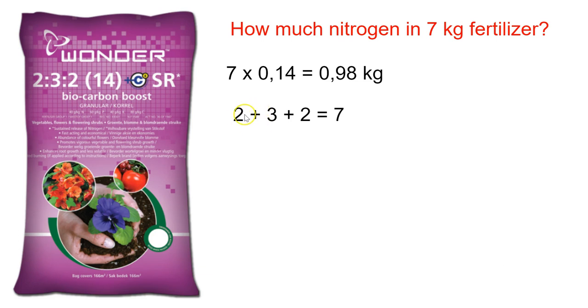So 2 out of 7 parts of 0.98 kilograms is going to be the amount of nitrogen in the fertilizer. So 2 over 7 times 0.98 will give me 0.28 kilograms. Did that agree with your answer? Good. So let's continue with this video.